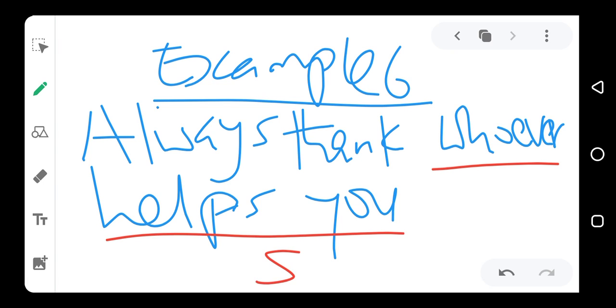If we use SVO, this is coming immediately after a verb. We can say that this is acting as the object in the sentence.